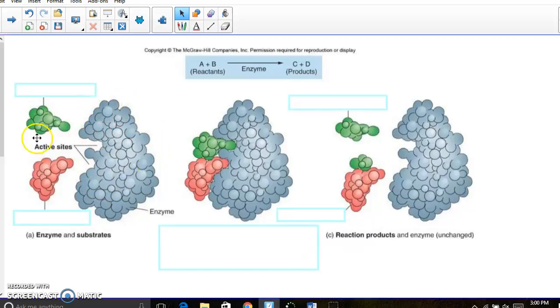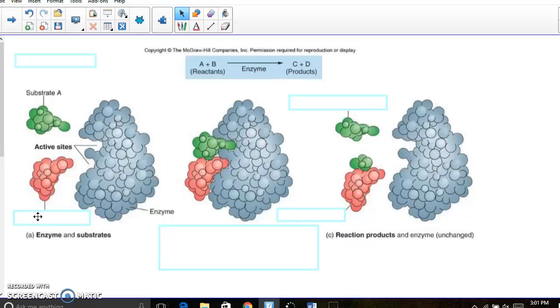Here's our enzyme. Here's one of our substrates. Sometimes you have one substrate, sometimes you have more than one. Remember, there's different chemical reactions. Sometimes you're taking one reactant and breaking it into 2 or 3 pieces.